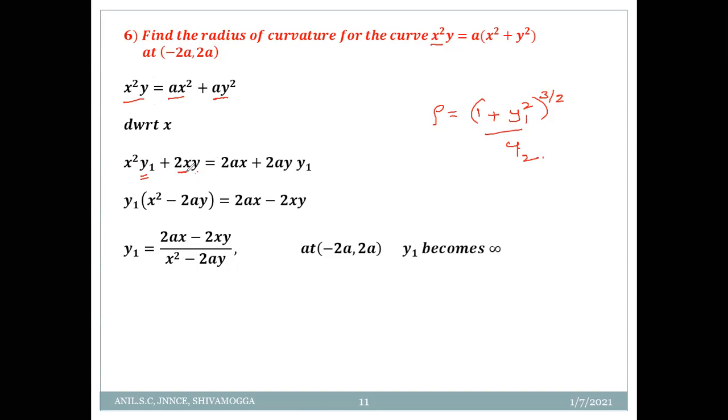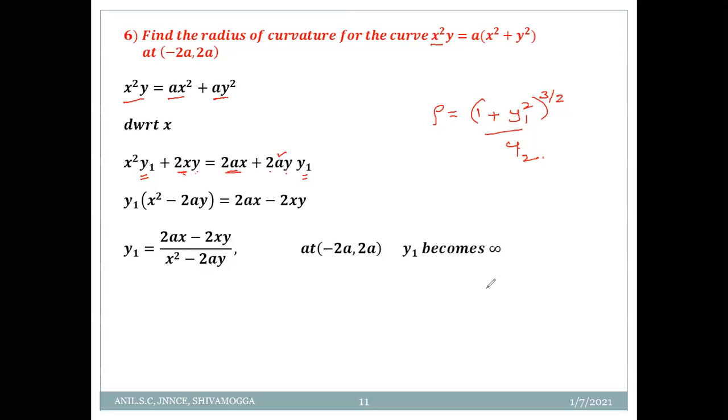Keep second function as it is and differentiate first function. This is equal to, here a is a constant, derivative of x square is 2ax, plus derivative of a into y square. Keep this a as it is. Derivative of y square is 2y and that of y with respect to x is dy by dx or y1.